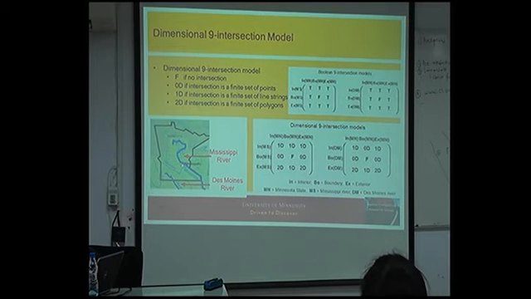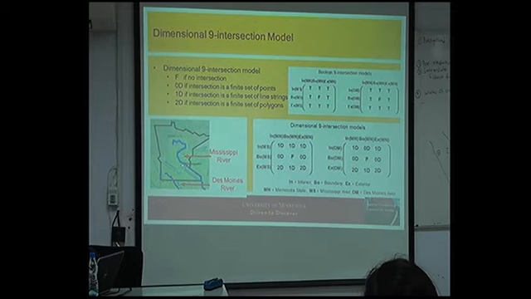Still, this is not the end of the world. You can make an even richer model. But this is the model that's used in your OGC simple feature types. It's called the dimensional 9 intersection model. All it means is that for every intersection, I'm going to write the dimension 0, 1, 2, or false.